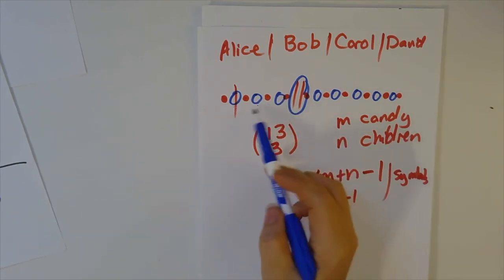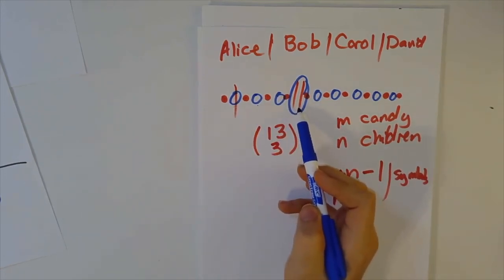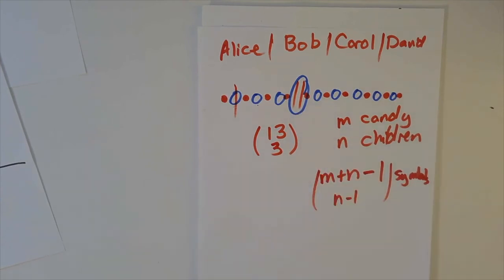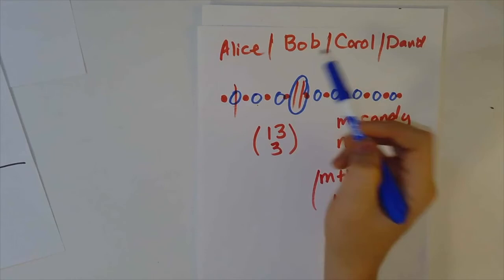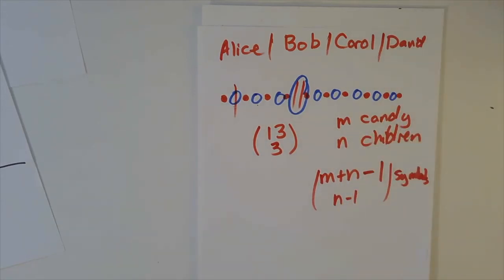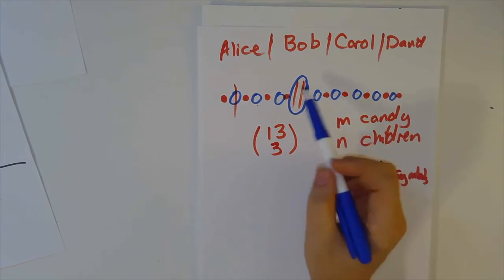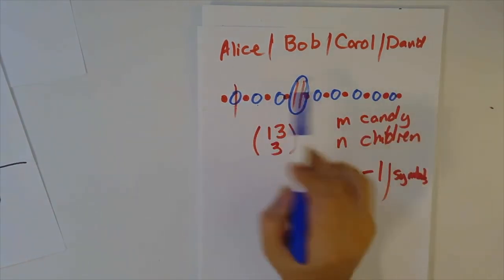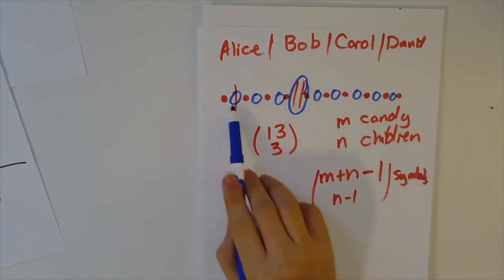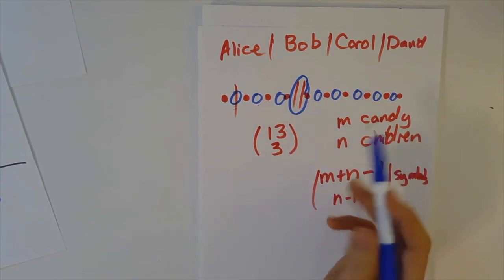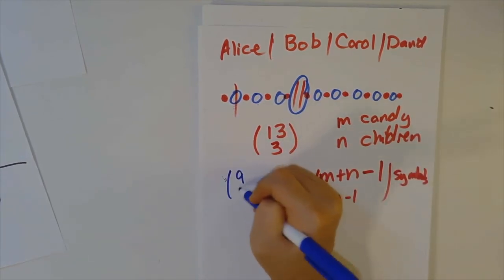And there's never 2 bars in any of these spots like there was in the previous one. How many bars am I going to need? Well, in the Alice, Bob, Carol, David 10 pieces of candy version, I'm going to need 3 bars because there's 4 children. And there's 9 places that I could put those 3 bars. So here it would just work out to be 9 choose 3.